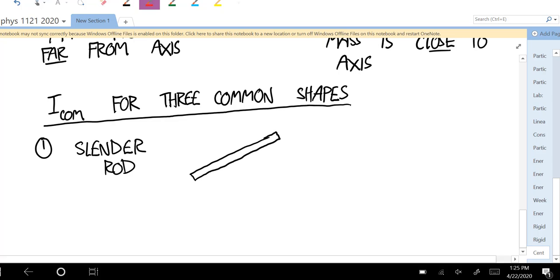Okay, the center of mass is right in the middle. And let's say that it has a length L and a mass M. Then the mass moment of inertia about the center of mass for this shape is 1/12 times the mass times the length squared.